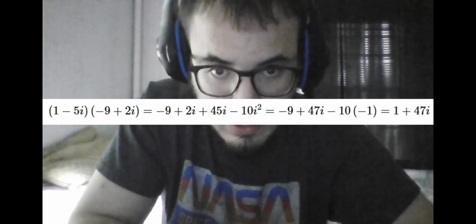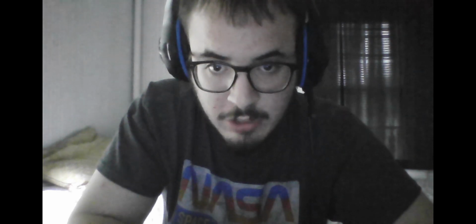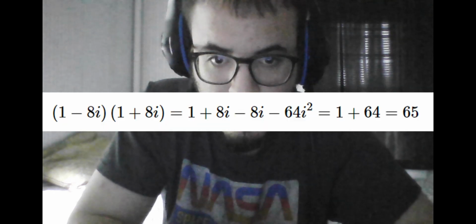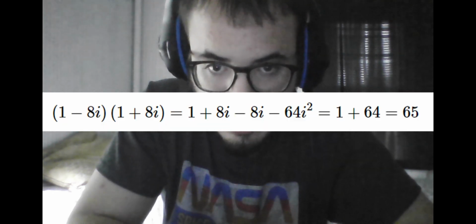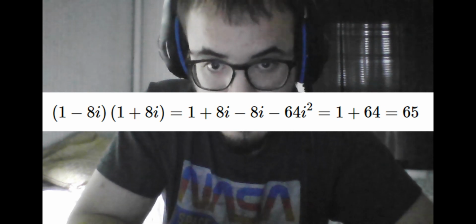Now that we are familiar with how polynomials work with complex numbers, we can see a neat trick for why we derived the conjugate earlier: when you multiply a complex number by its conjugate, you get a real number, with no imaginary part, like this.